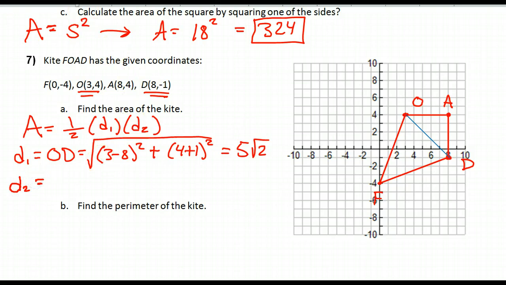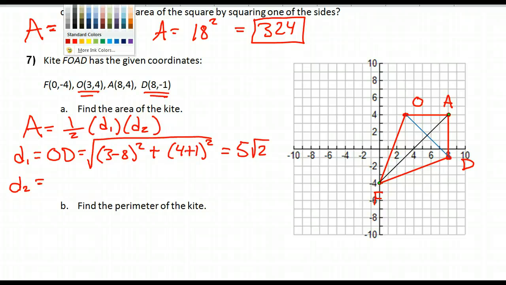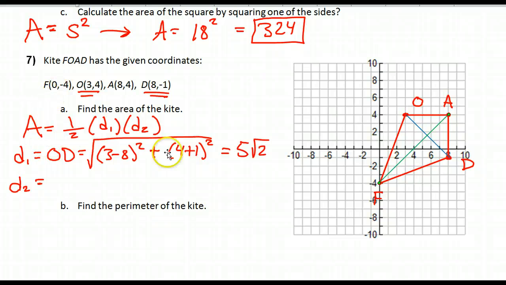The other diagonal is going to be FA. Okay, so that's going to be my other diagonal. So let's go ahead and calculate that.